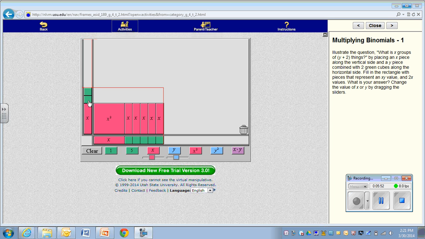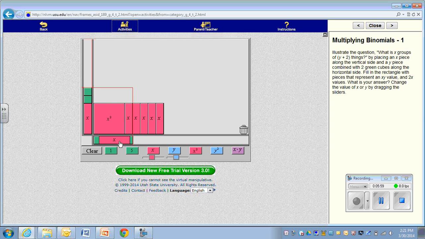Okay, I have my 5 x's. Now up here, what am I doing? I'm doing 2 times x. That means I need 2 x's up there. 1, 2, they fit perfectly. Now I have this area to fill. Well, this area is 5 times 2.